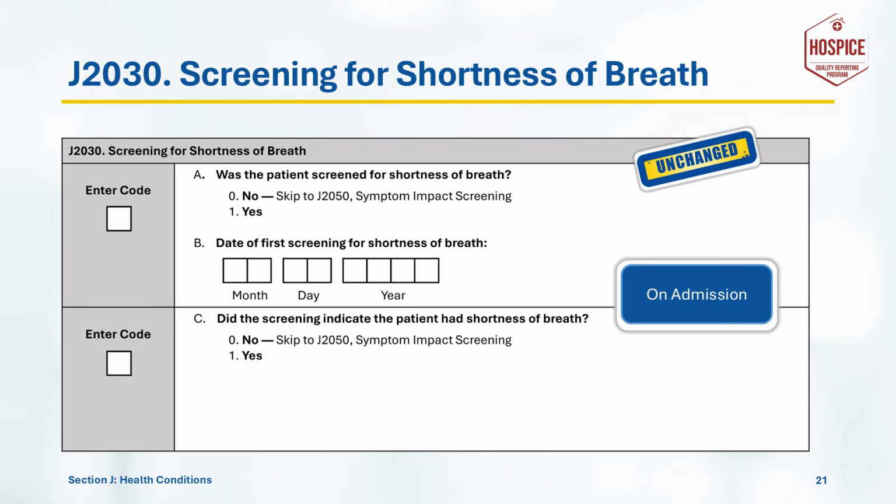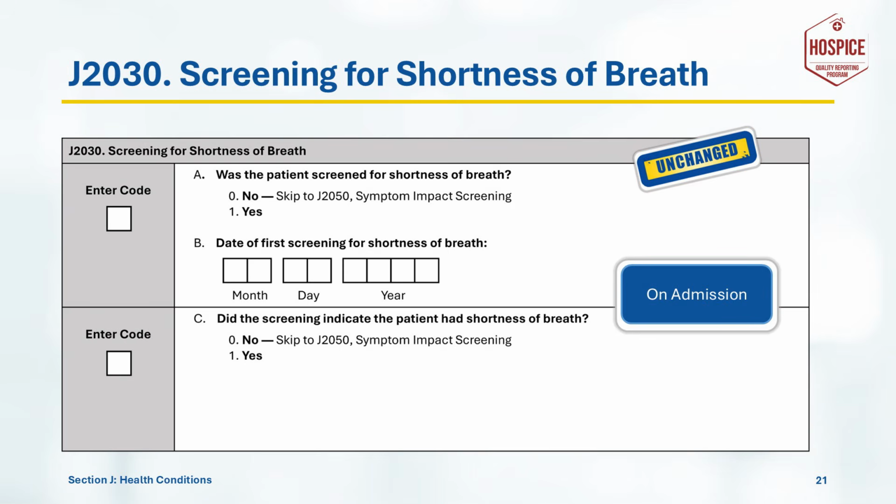Reminder: complete HIS shortness of breath screening items based on the first shortness of breath screening that appears in the clinical record. To answer yes to J2030A, clinical record documentation must show that the patient was screened for the presence or absence of shortness of breath, and if the patient was found to be short of breath, there must also be evidence that severity was rated in any manner clinically appropriate for the patient.